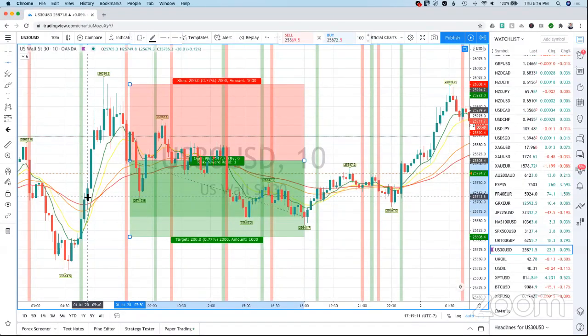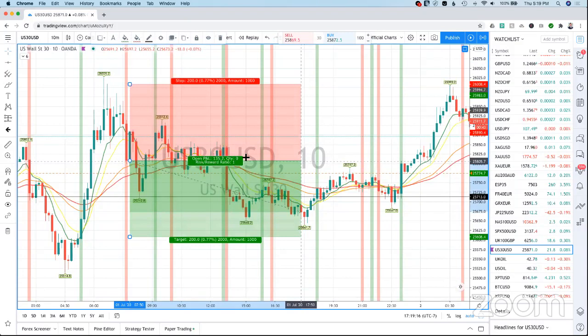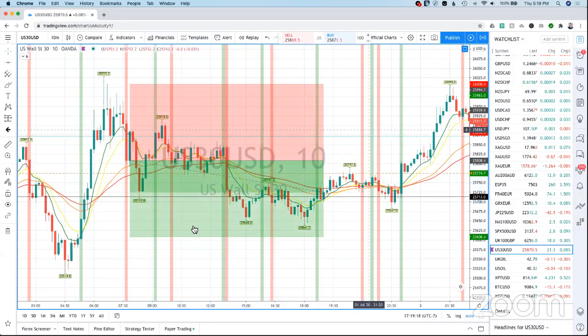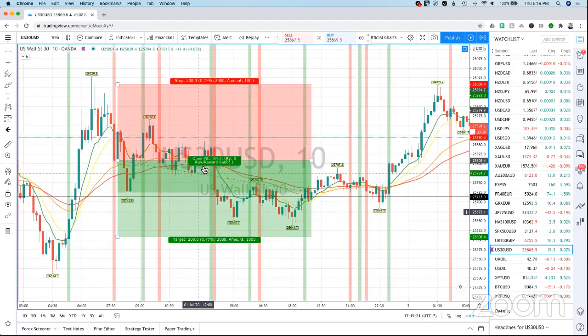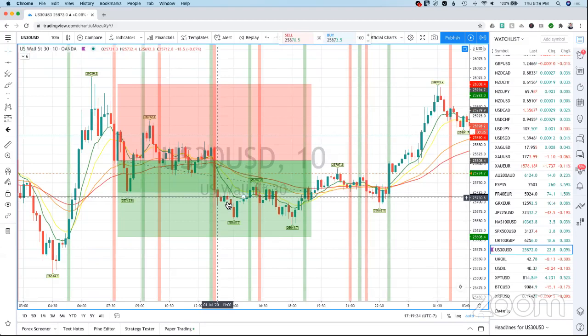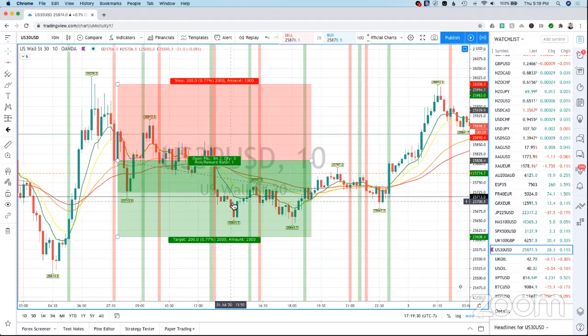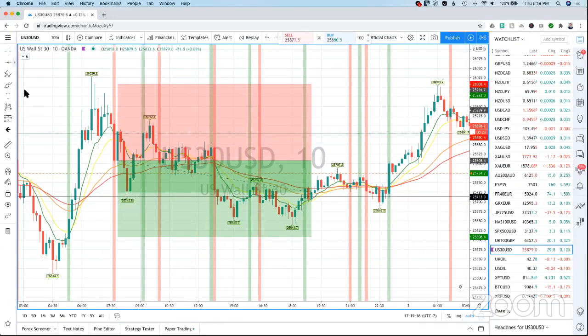So it hit right here, and this is where we got caught. We didn't get a signal, but we did have the signal right here, but it was already midday. So it was after the swap, around 2 p.m. my time, when the swap ended, somewhere around here, I entered a sell, even though there was no entry. And look what happened. As soon as that happened, price shot up like crazy.